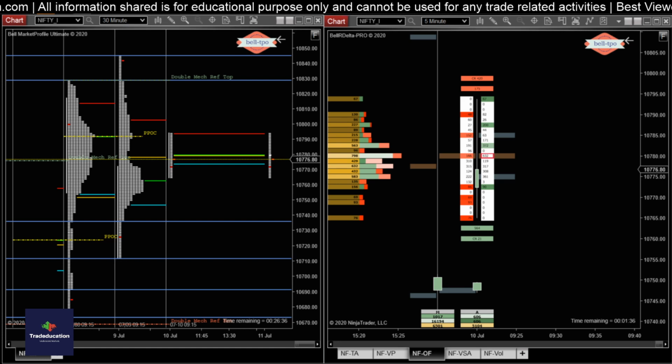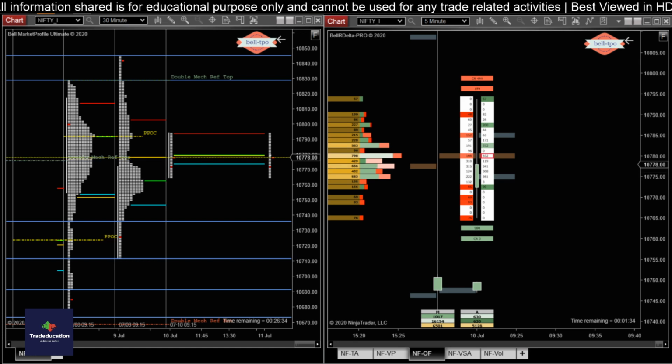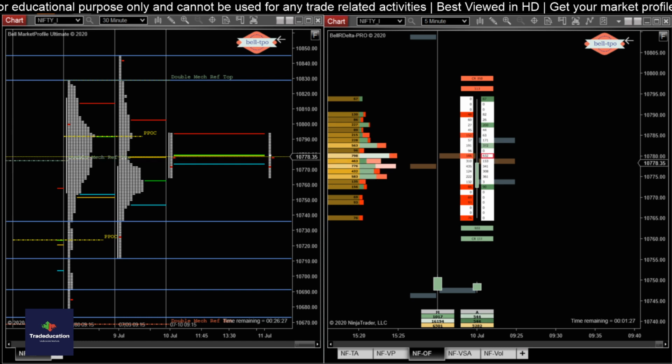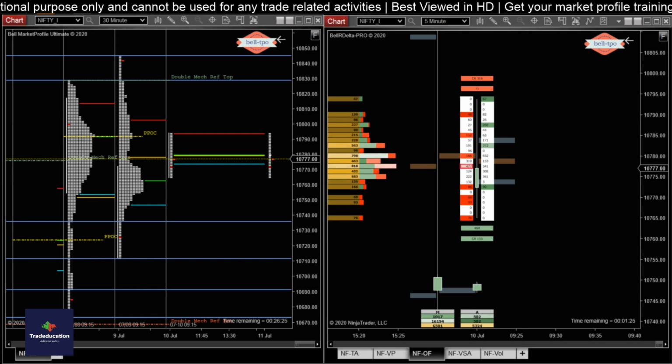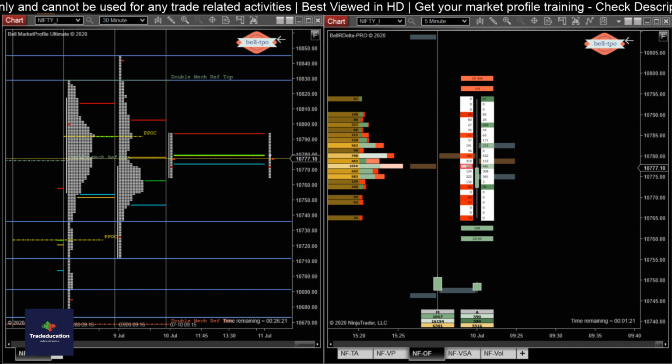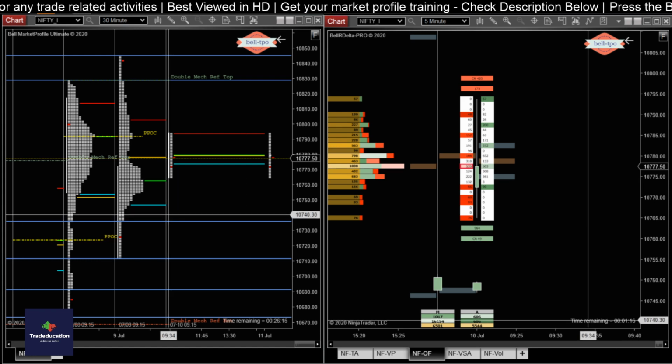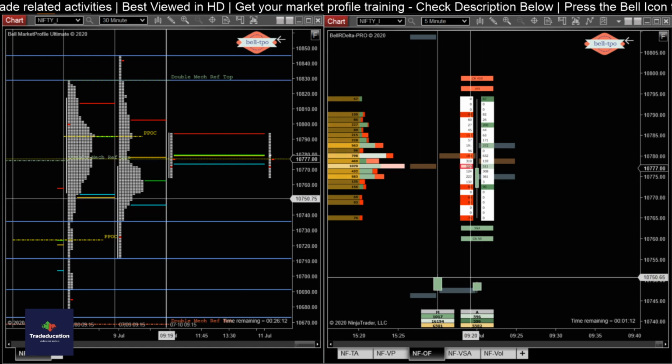So the auction also opened within yesterday's value. So let it chop. So at the moment, I'm not currently active in any trades. I'm just observing the markets. For the moment, we have just traded 5,000 contracts. Delta is positive.